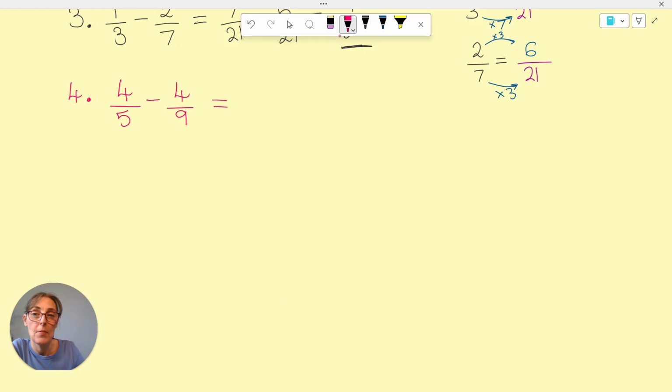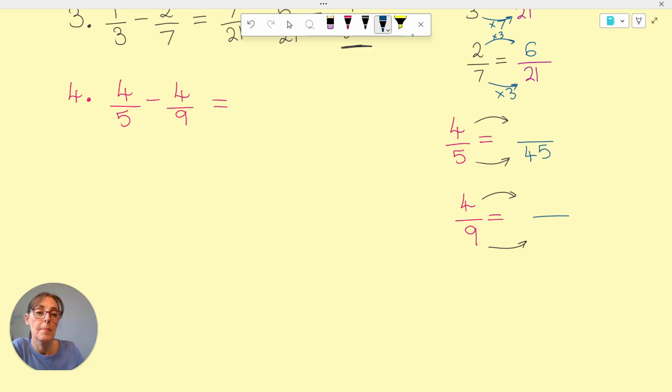So it's still going to be 5 times 9. 5 nines are 45, and that gives us our multiple. 5 times 9 is 45. 9 times 5 is 45. So here, 5 multiplied by 9 is 45. 4 times 9 is 36.